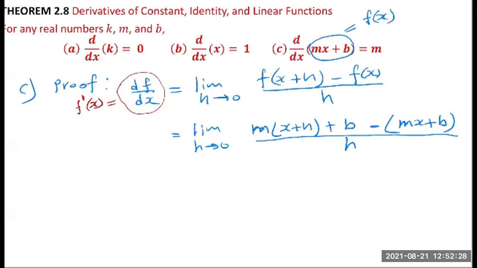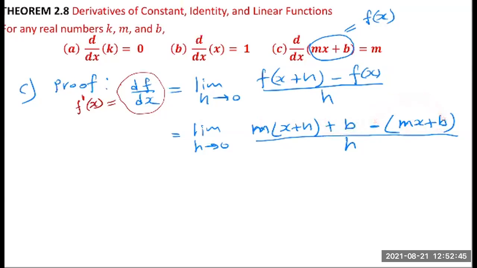Notice that when you clean up the top, if you distribute this negative sign, you have minus mx minus b. You have a plus mx here. That plus mx will be cancelled with this minus mx. And here you have a plus b, and that will be cancelled with this minus b.